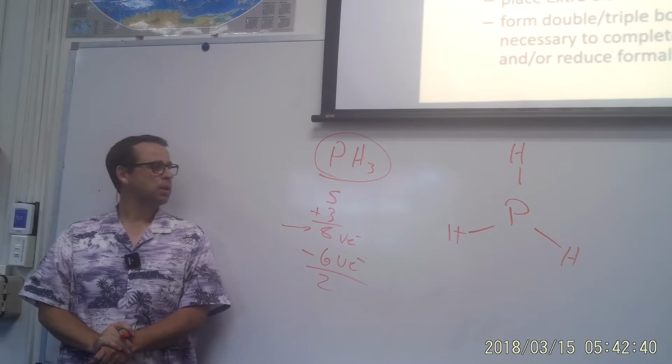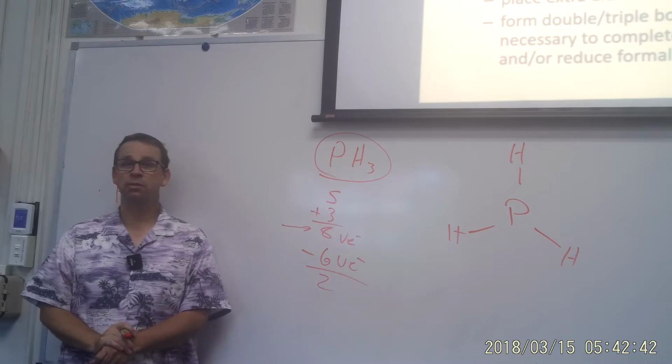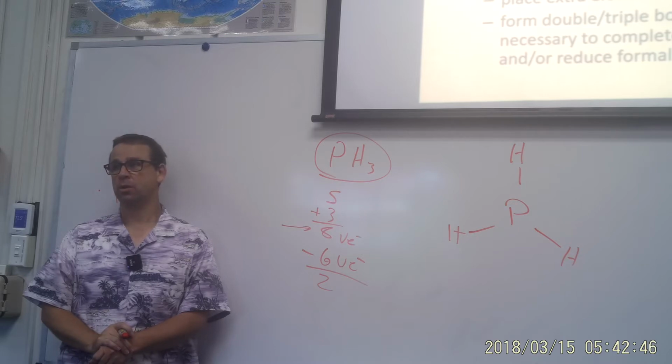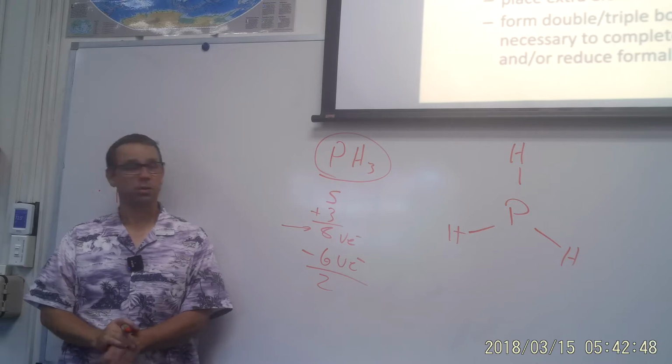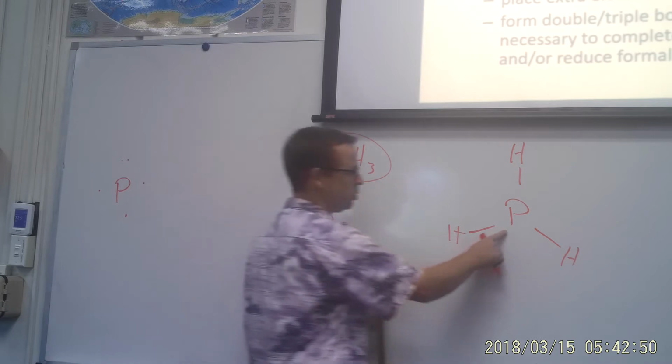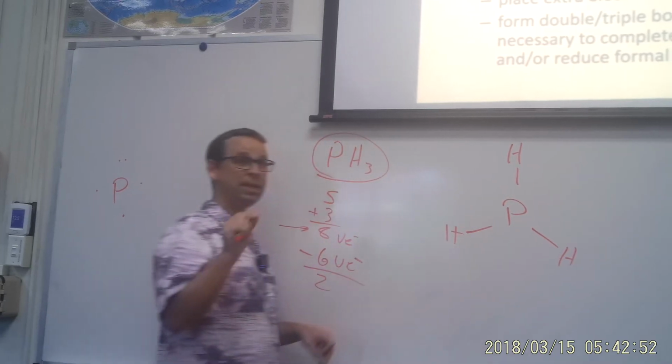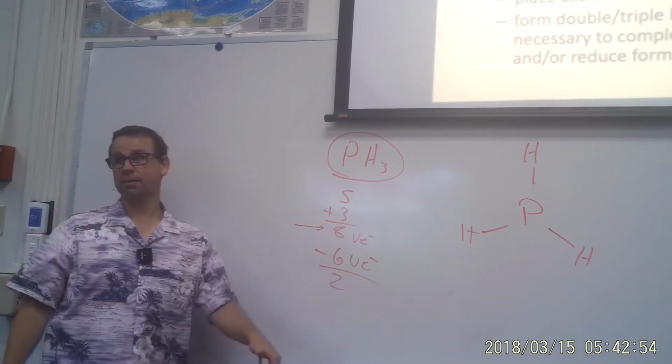Okay? So, phosphorus has access right now to how many electrons? 6. Right now it just has these 2, 4, 6. But it needs to have access to 8.